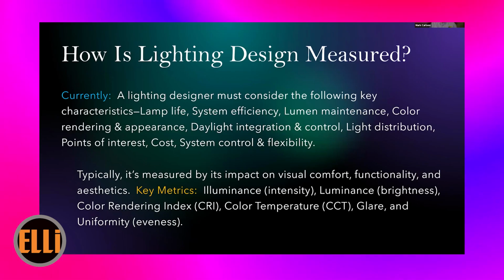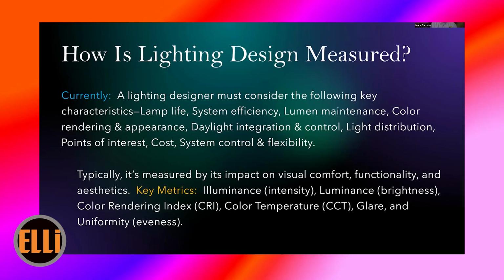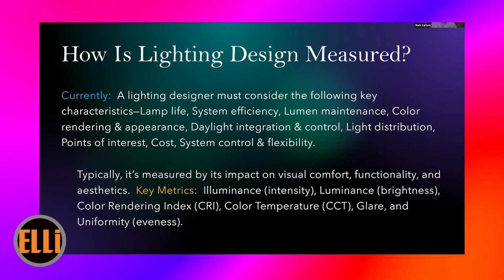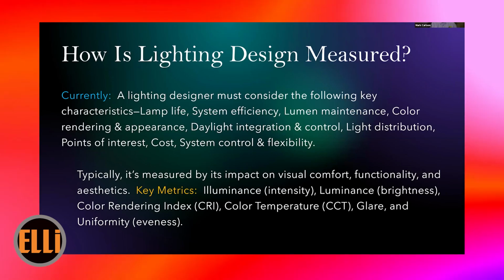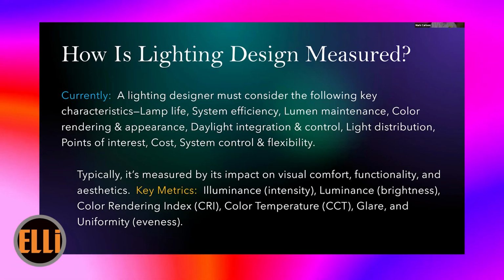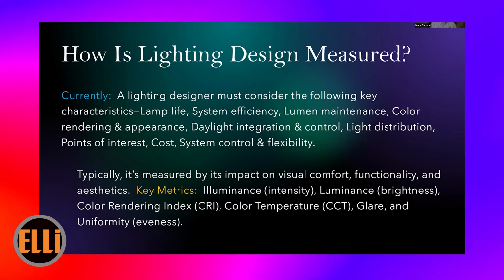They use key metrics, and I'm sure you've heard of them. Illuminance, which is the intensity of light, is where the light is coming out of the light source and landing on a plane or an object surface. Luminance is the brightness. That's what we perceive as humans, what we're seeing reflected back off of a surface or an object.